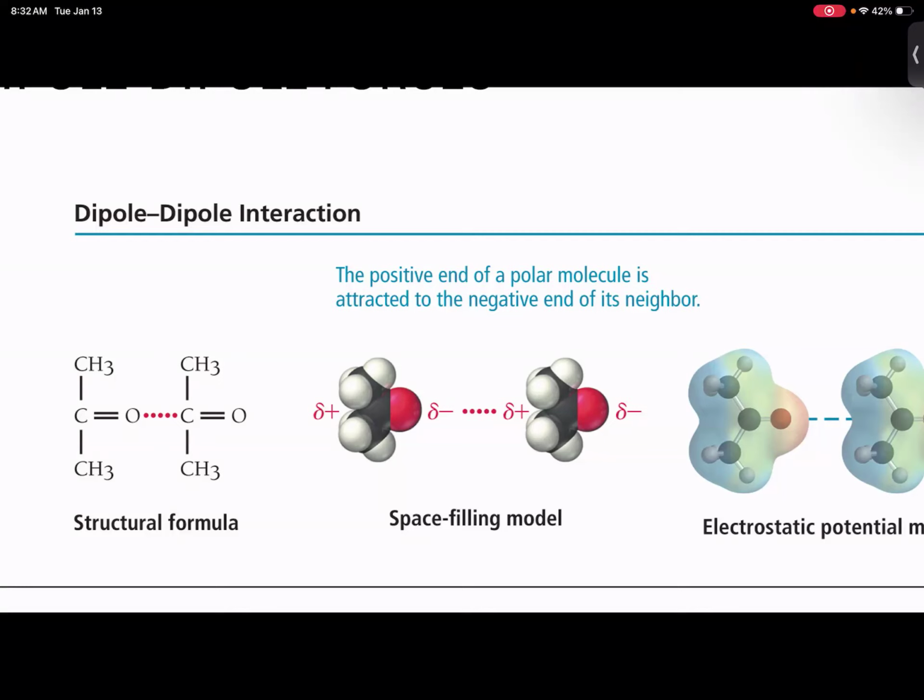If I think of two magnets, a magnet has a positive and a negative. My other magnet has a positive and a negative. The intermolecular force is the force between those two magnets. So if I have a permanent positive and a permanent negative, and another permanent positive and a permanent negative, they're going to line up.